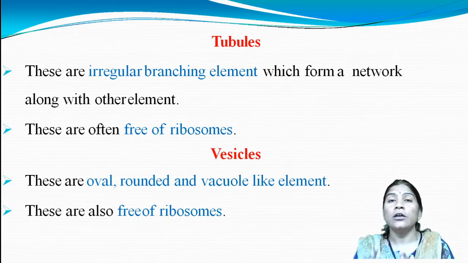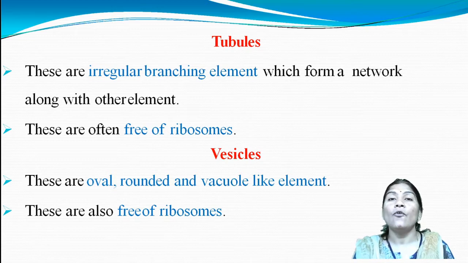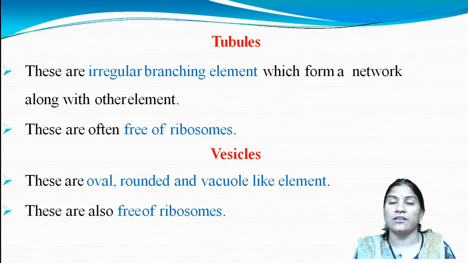Then tubules are the irregular branched structures of the endoplasmic reticulum, which are free from ribosomes. And the last element is the vesicles. These vesicles are oval, round-shaped and vacuole-like structures that are also free from ribosomes.